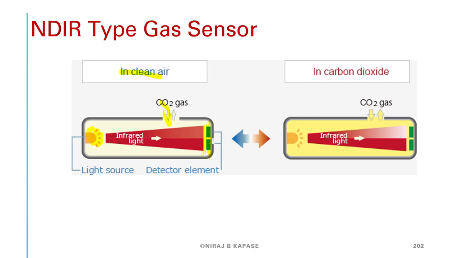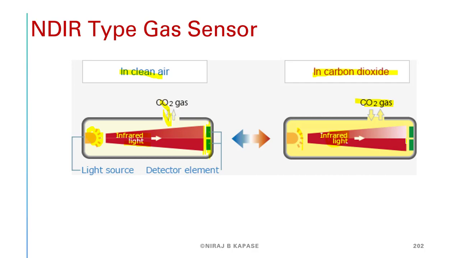There is no change in the infrared light, so the detector element will receive the same light at the destination. But whenever there is some gas concentration inside this window, suppose carbon dioxide is available in that vicinity, then the light source will emit the light, but the light is not constant at the receiver end.